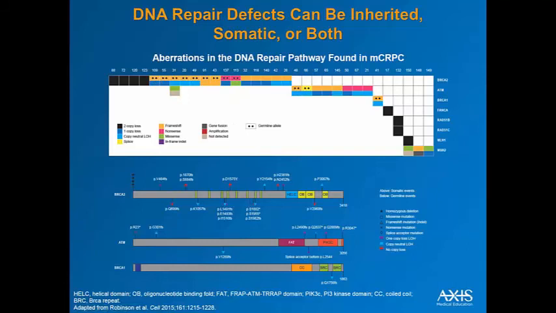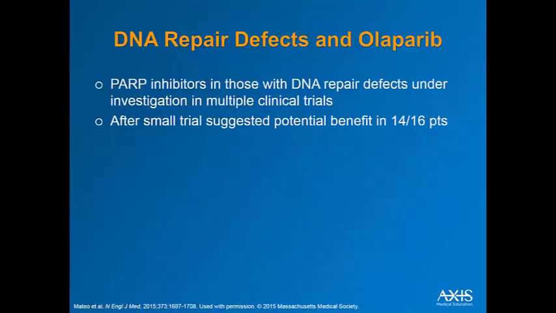But it turns out you can also have a variety of alterations that change the copy number, such as 2-copy loss, or maybe you have a frame shift mutation or nonsense mutation, a variety of ways that you can end up with changes in the DNA repair. If you add this up, this is actually about 20 to 25% of patients.